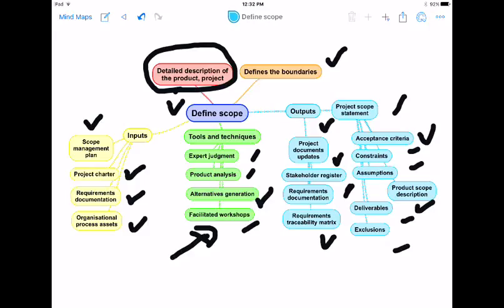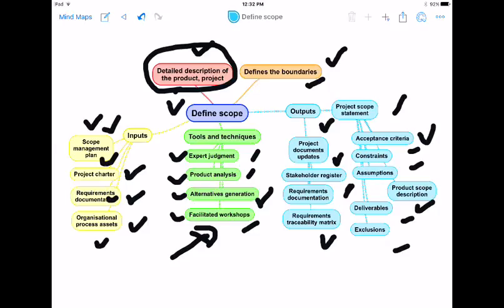Again, I summarize. Define scope contains the detailed description of the product and the project which builds the product. It defines the boundaries. On the input side, we have the scope management plan, project charter, requirements documentation, and organizational process assets. Tools and techniques: we have expert judgment, product analysis, alternatives identification, and facilitated workshops. The outputs are the agreed upon project scope statement, acceptance criteria, agreed upon constraints and assumptions, and the product scope description.